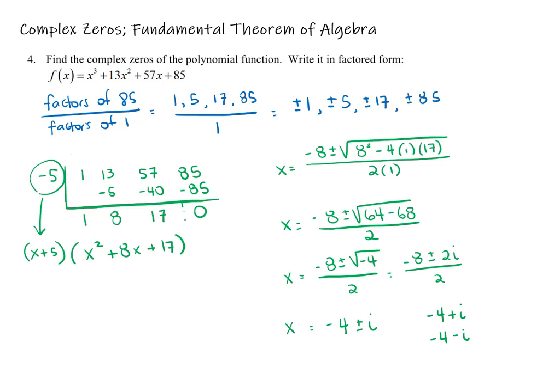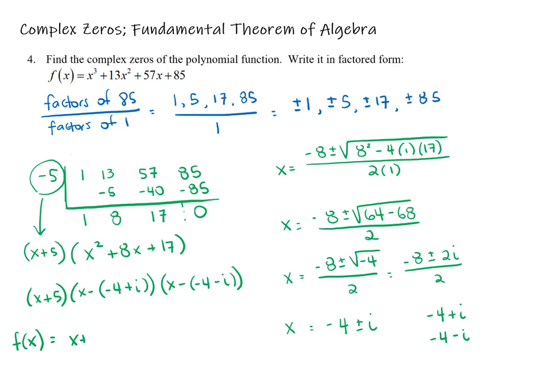And I'm going to take that to help me write my polynomial in factored form. So I get x plus 5, x minus -4 plus i, and x minus -4 minus i. And let's just rewrite it one more time. This is my polynomial f of x.